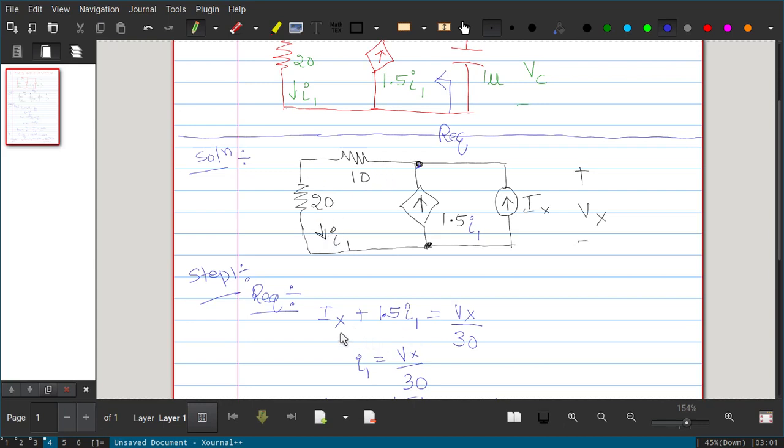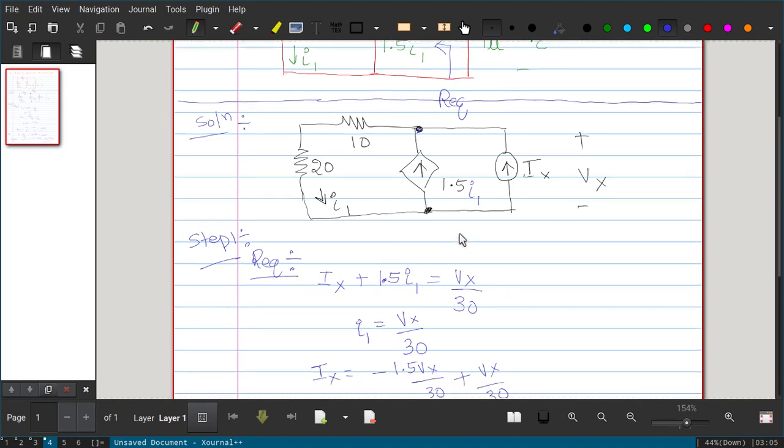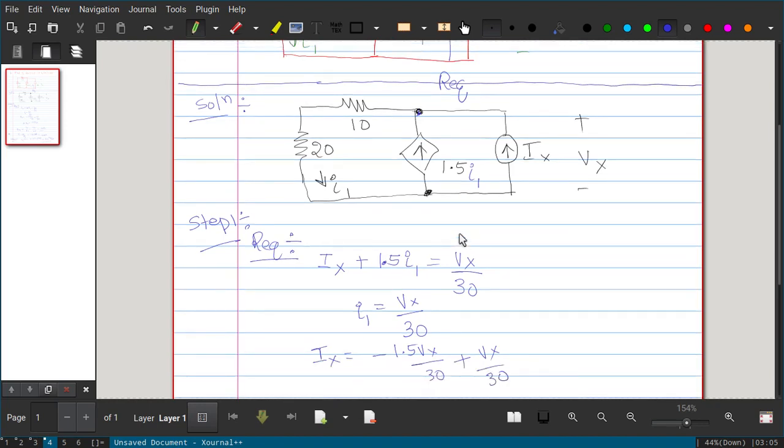So I have written the KCL here. The two incoming currents, Ix plus 1.5 I1, equal the outgoing current, which is Vx by 30. And what is I1? The controlling current I1 is Vx by 30. If you substitute that in the above equation, Ix equals Vx by 30 minus 1.5 Vx by 30, taking 1.5 I1 to the right hand side.